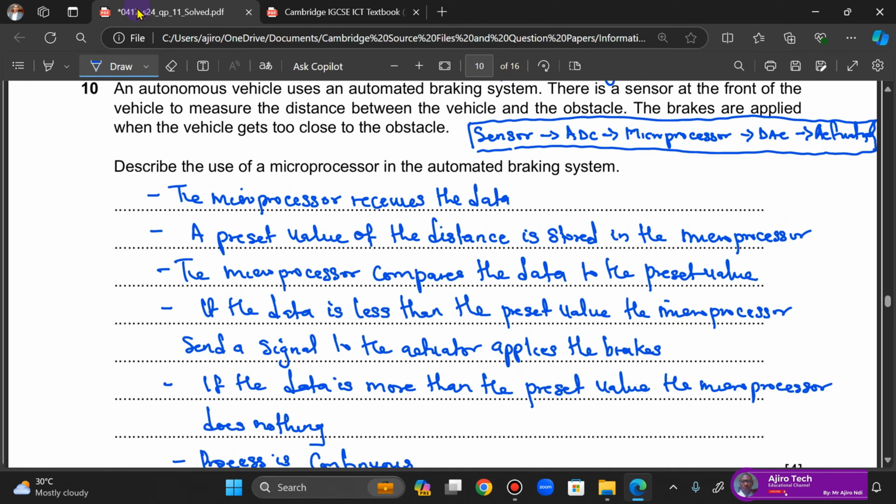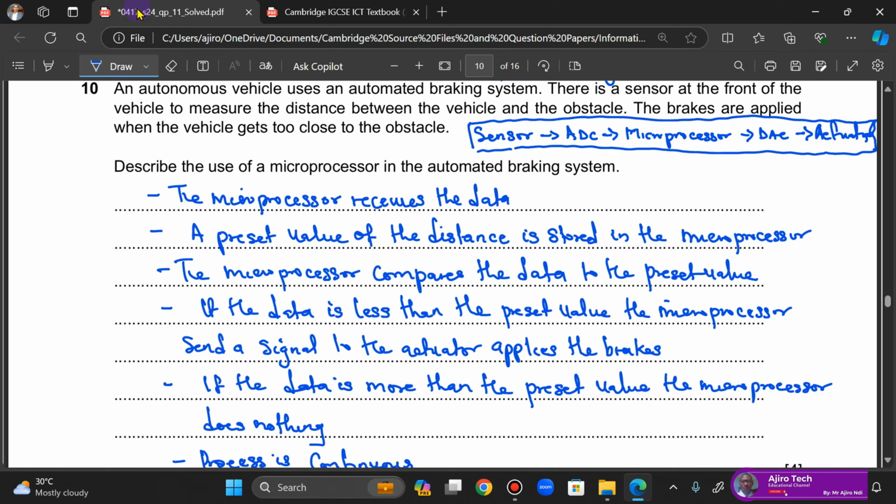Okay, so there's a sensor in front of the vehicle to measure the distance. So if that distance is less, that means it's getting very close, apply the brake. But if the distance is more than that preset value, it does nothing.